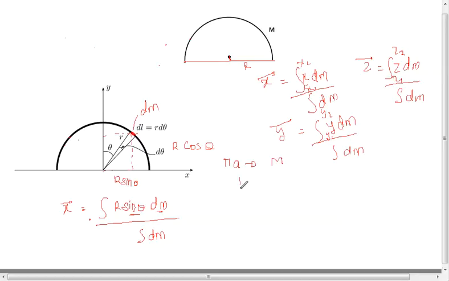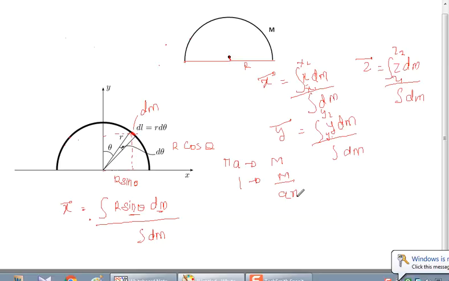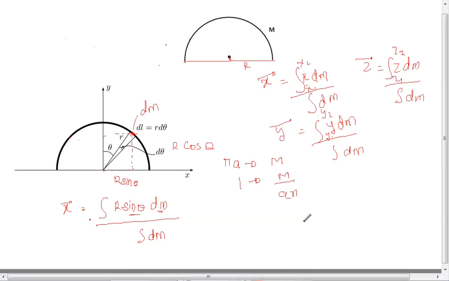Okay, so a unit length has m by pi mass. Now, what will be the mass of this dl portion? Let me write down r, because this is not a radius, it is r.